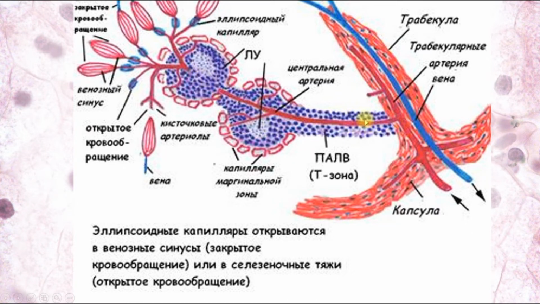It goes into the pulp. And the trabecular artery is bigger and it's located in the trabecula. So it's a pulp artery, which is called the central artery. And it penetrates lymphatic follicles or lymphatic nodules, so it's located inside the lymphatic nodules. That's why a specific feature of lymphatic nodules of the spleen is the presence of an artery.